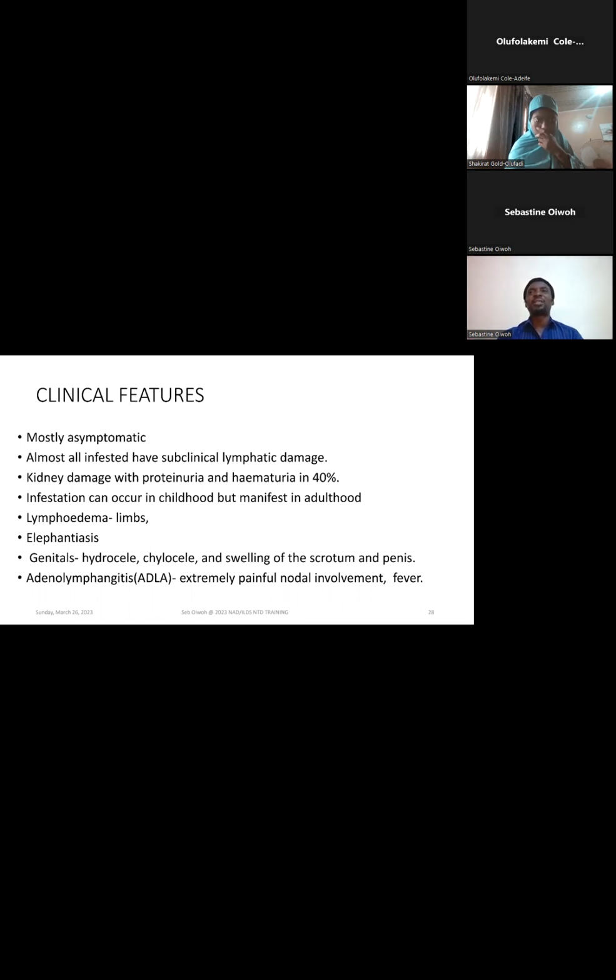It can also affect the kidneys through deposition of immune complexes, which at times can present with chyluria. If you look at the urine macroscopically, one would see chyluria, this milky kind of urine. Then the genitals can be affected, with swollen genitals, because there's deposition of the worm in the tunica vaginalis, and this causes the presentation in that area.